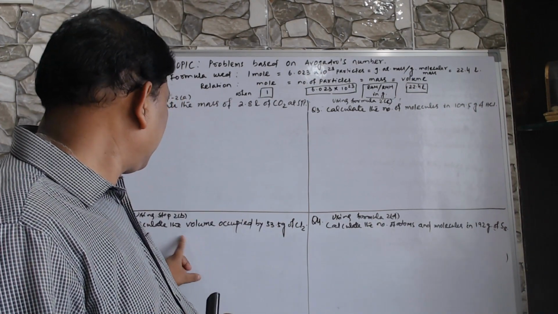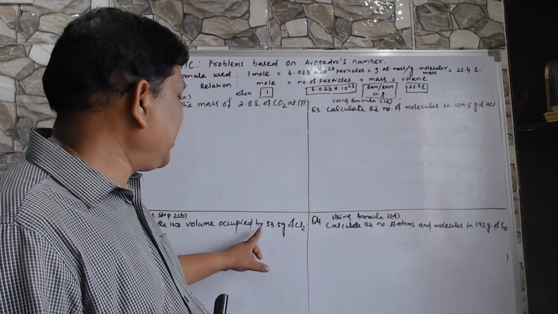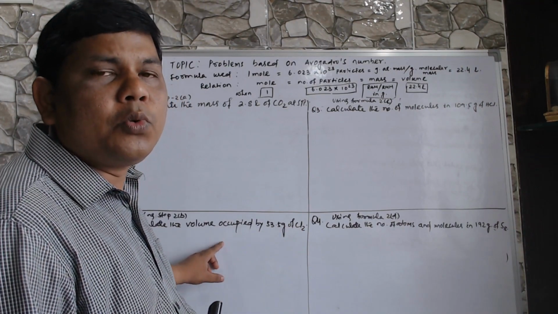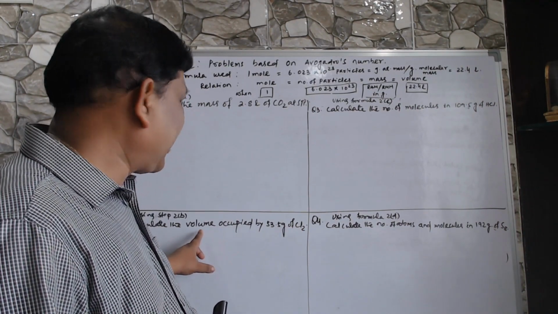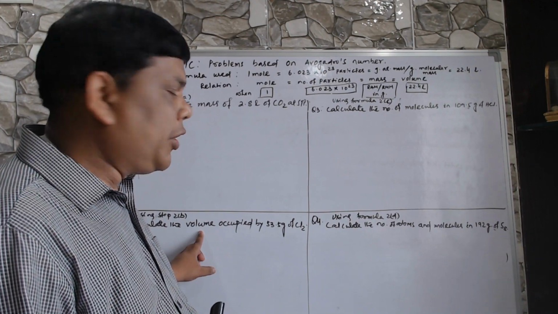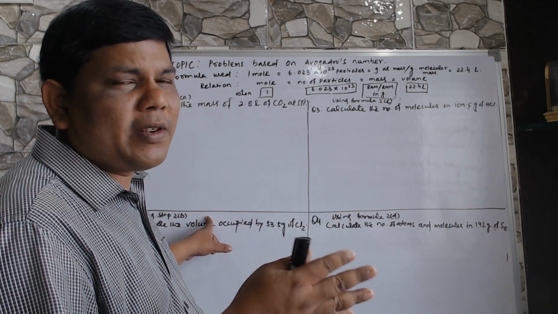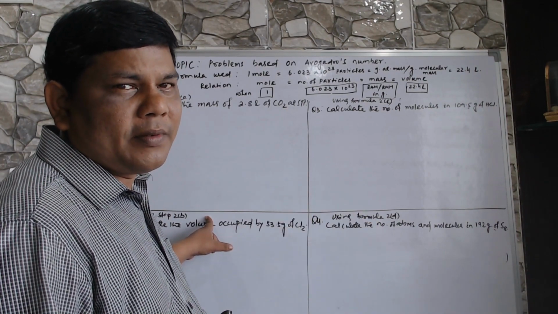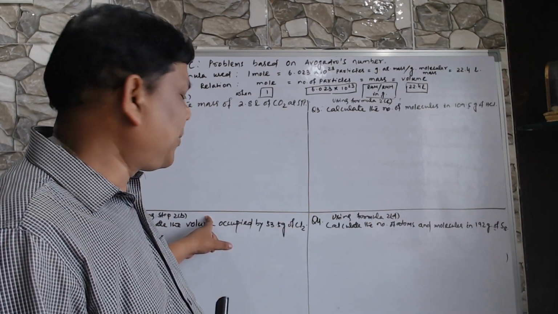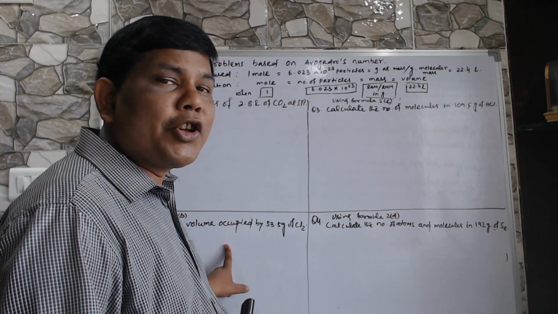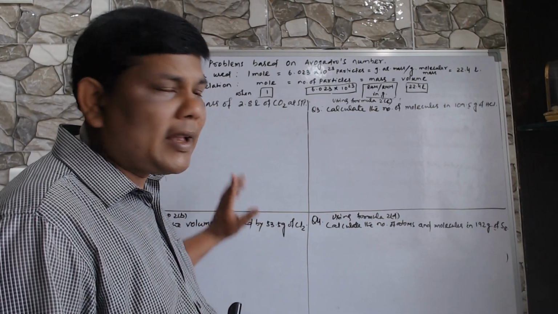Question number 2: calculate the volume occupied by 53.5 gram of Cl2. Here we are calculating volume using step 2B after step 1. After calculating the number of moles, number of moles into 22.4 liters gives the answer.